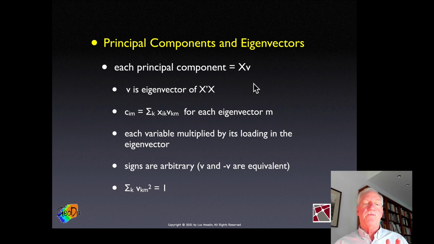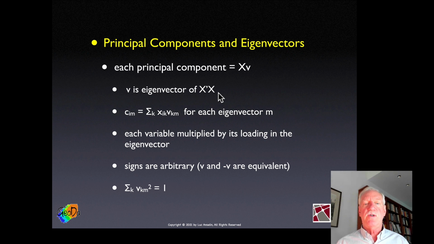So in principle, we have as many eigenvectors as the dimension of X prime X, which is p times p. So we have p eigenvectors, but that defeats the purpose, because the whole point is to do dimension reduction. So the way we approach this is we pick the eigenvectors associated with the largest eigenvalues.